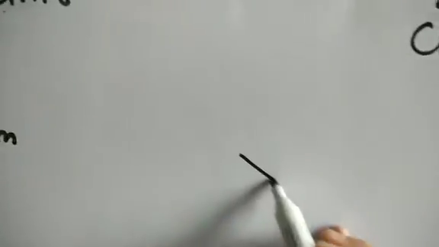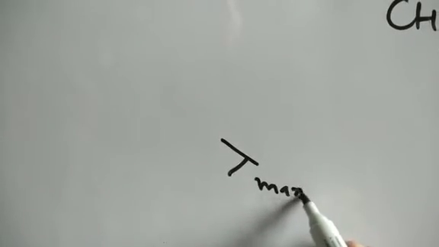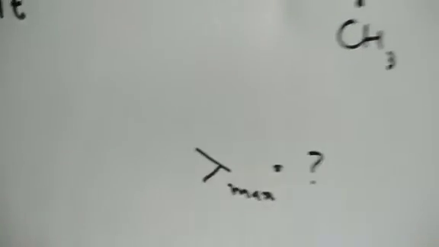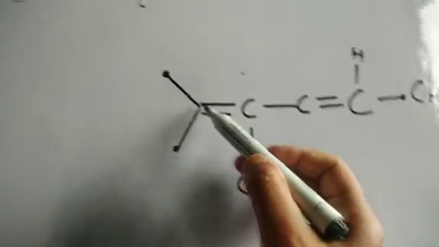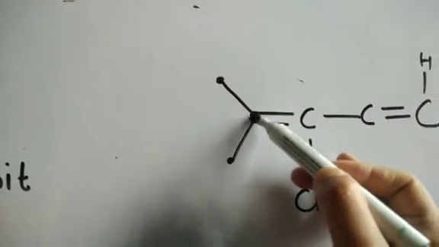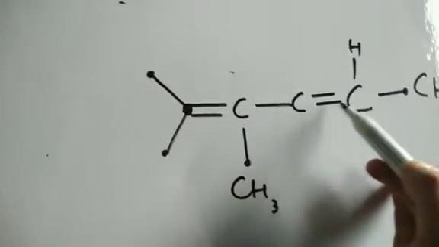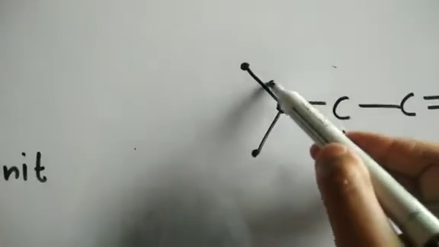We have to calculate the lambda max of the molecule. First we search whether there is a butadiene system. This is carbon, double bond, so this is a butadiene fragment here.